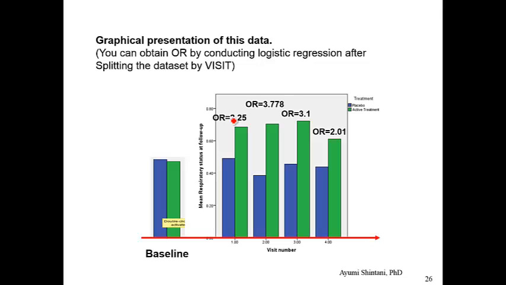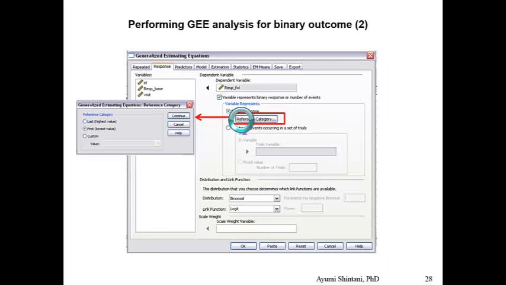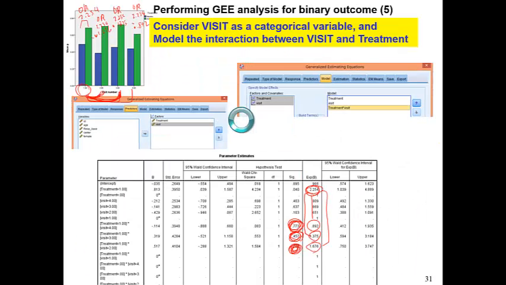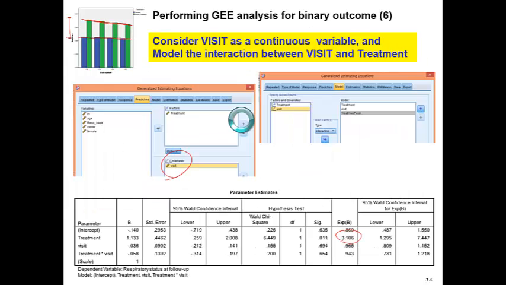Okay, the actual odds ratios are 2.25 and 1, right? But this odds ratio is not really at visit 1, it's at visit 0, so it's slightly larger than the odds ratios at any visit. And this p-value indicates whether the odds ratios are modified by visit.